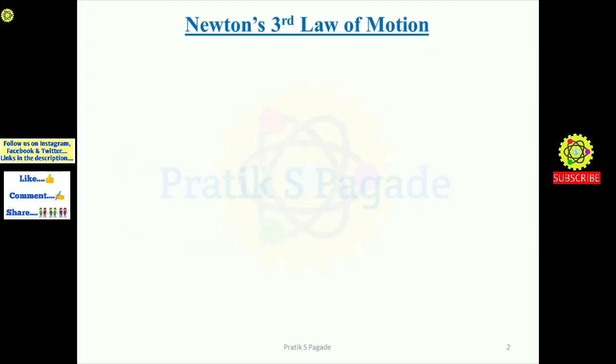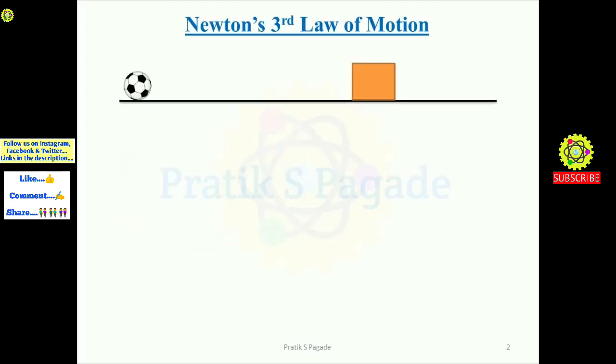So students, see here, first example we will take the ball and a box. Here see students, when we throw this ball in the rightward direction on this box, this ball will exert some force on this box. This is called as action force.